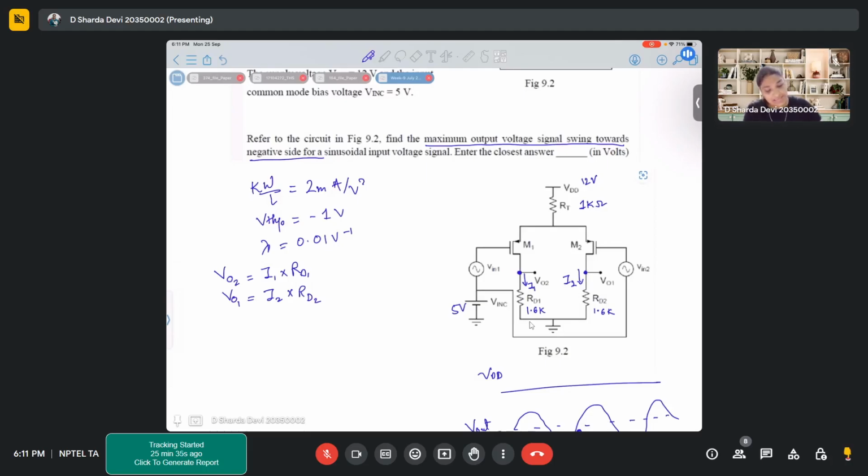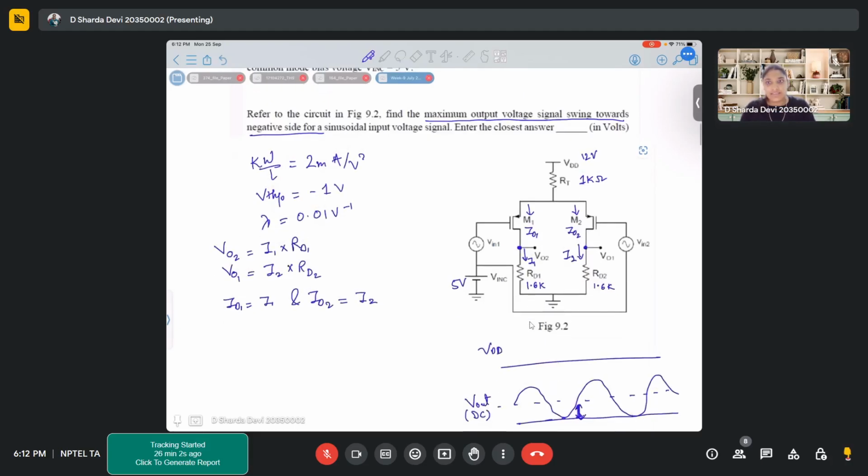You see there is a PMOS transistor above these RD1 and RD2. Since this PMOS and your RD1 are in series, the same current will flow through it, right? So if I name it ID1, ID2, then ID1 is equal to I1 and ID2 is equal to I2, right? Correct?